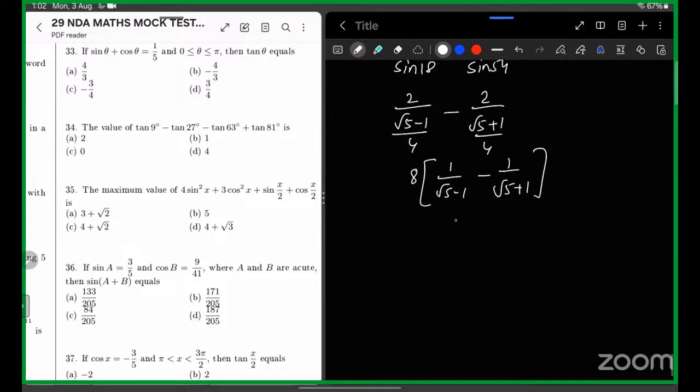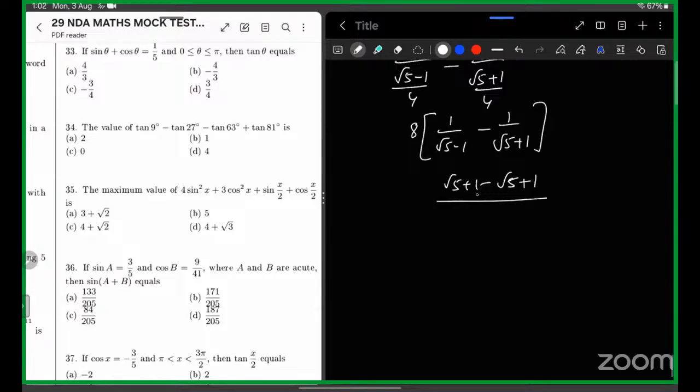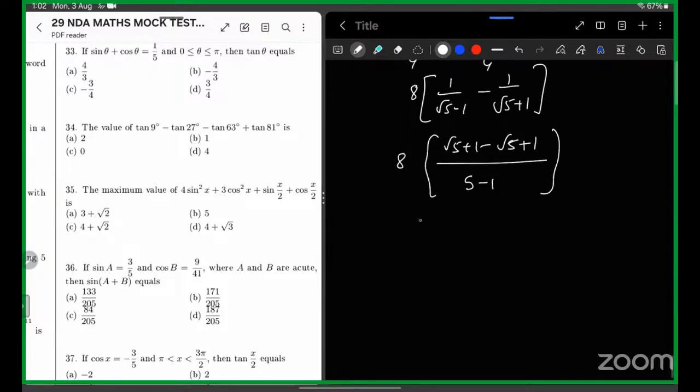Taking common, you will be getting root 5 plus 1 minus root 5 plus 1, 5 minus 1. So it is equal to root 5. Root 5 gone. 2 by 4 is the 2. 2 into 2 is 4. So your final answer is 4, option number D.